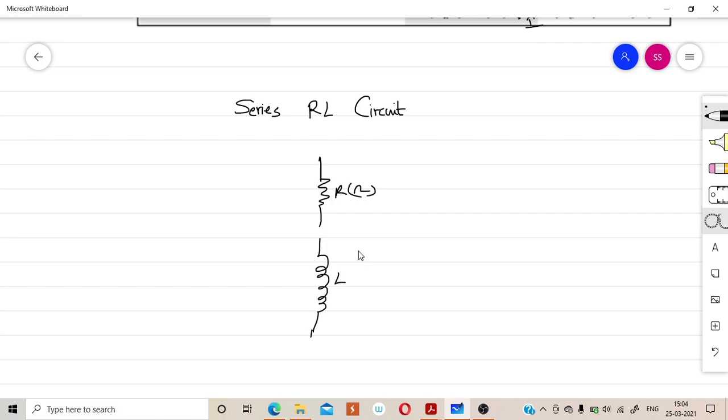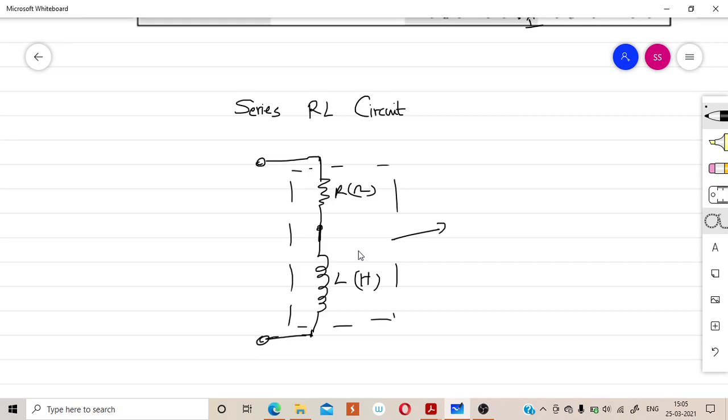of inductance L Henry, and I have connected this in series like this. That means the finishing end of the resistor is connected to the starting end of the inductor. Okay, and this as a whole, I am considering it as a load.